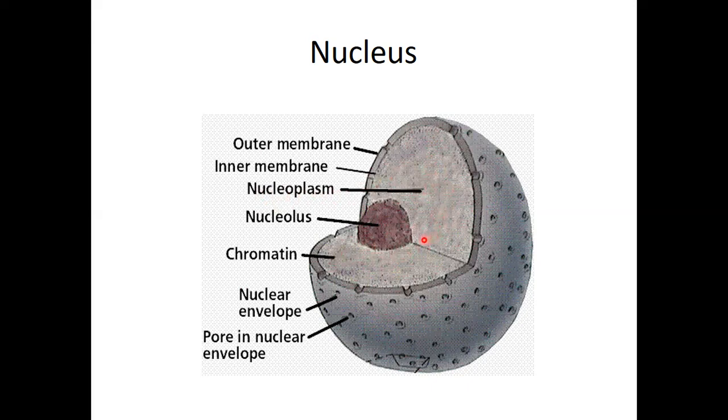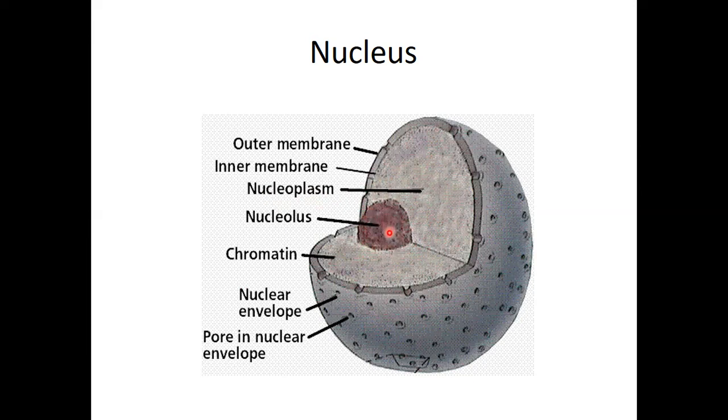Then inside the nucleoplasm, we have what we call the nucleolus. Nucleolus is a small particle within the nucleus composed of RNA. So this structure we're seeing here, appearing brownish, is a nucleolus, and this is where ribosomes are produced.